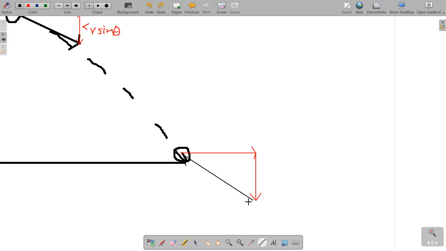This is what the force is supposed to be like. V cosine theta, V cosine theta, V sine theta.